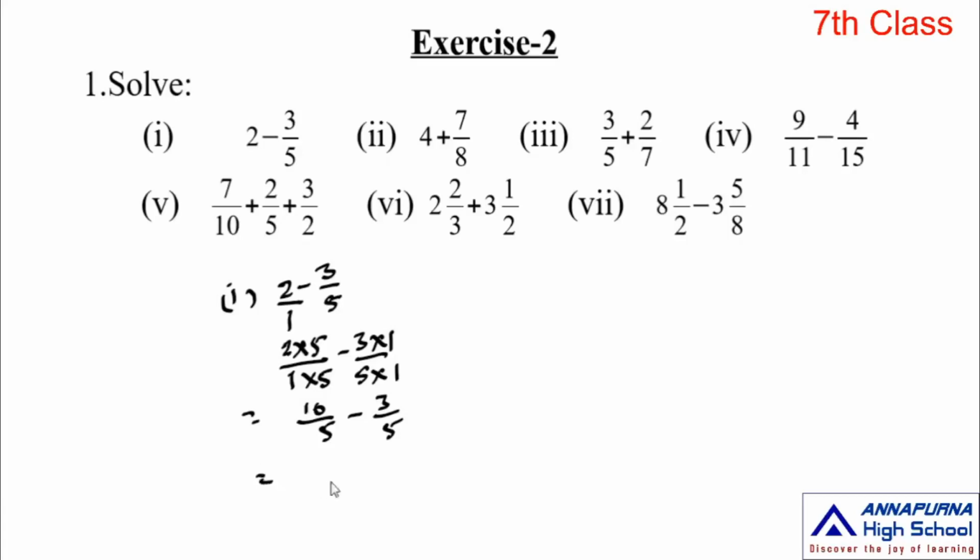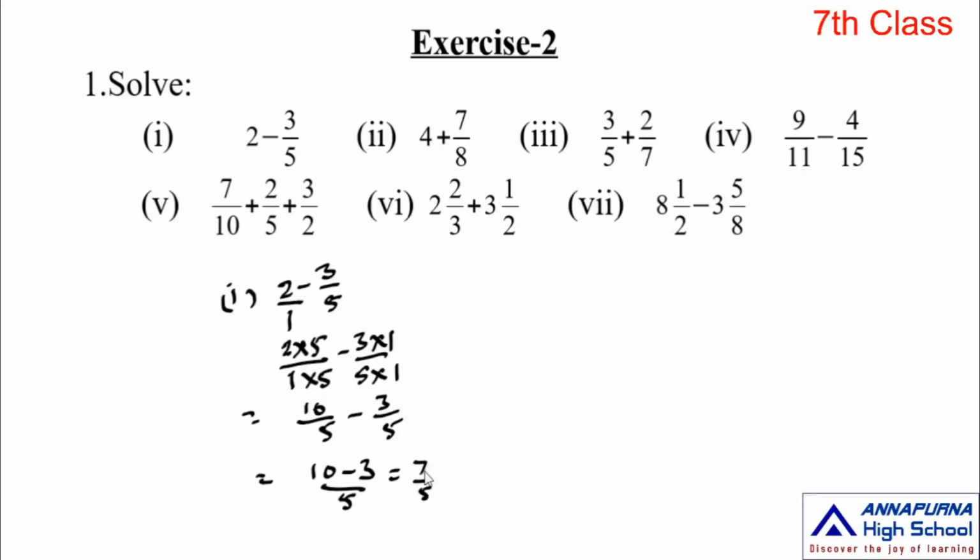In addition and subtraction the procedure is the same. To add like fractions, you just add the numerators: sum of like fractions is sum of the numerators by common denominator. Difference of like fractions is difference of numerators by common denominator. Here the numerators are 10 and 3. So 10 minus 3 is equal to 7 by 5.